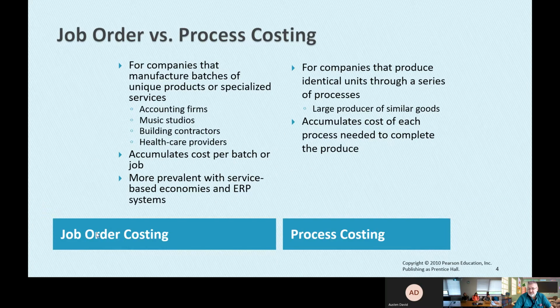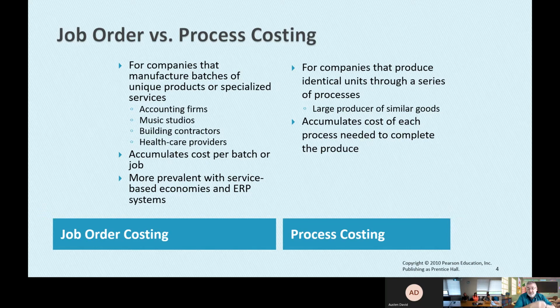When you think of job costing, companies that manufacture in batches of stuff where it's specialized, unique products or specialized services. Accounting firms, they're going to bill everything to the job, because if there's an accounting firm that's taking care of Calvary University, everything they do for Calvary University, they can charge directly to that account or that job.